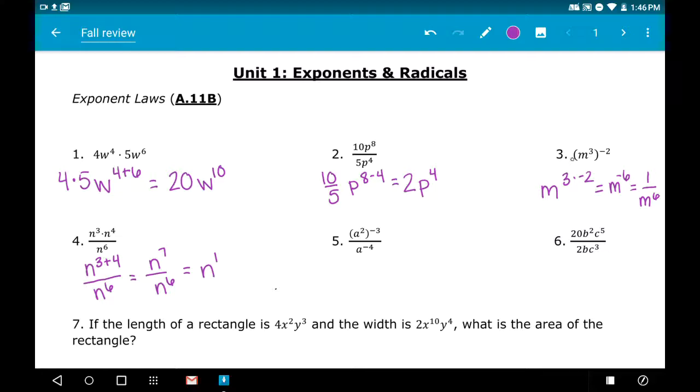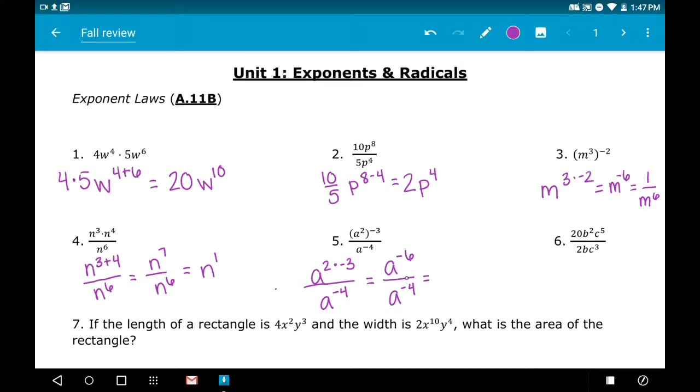With number 5, we're combining power to a power rule and division. So again, I'm going to start with the top, and as we learned, power to a power means you multiply. So I'm going to have a to the 2 times negative 3, and that's going to be divided by a to the negative 4th. So this becomes a 2 times negative 3 is negative 6, divided by a to the negative 4th.